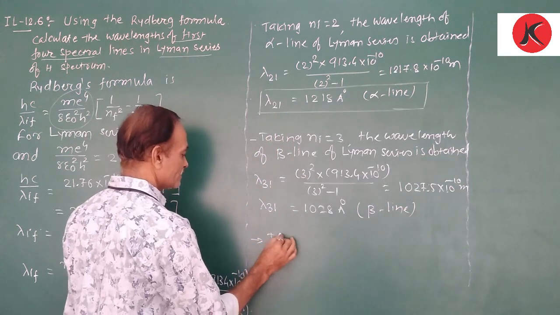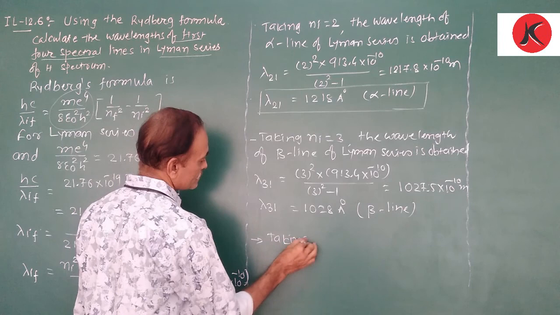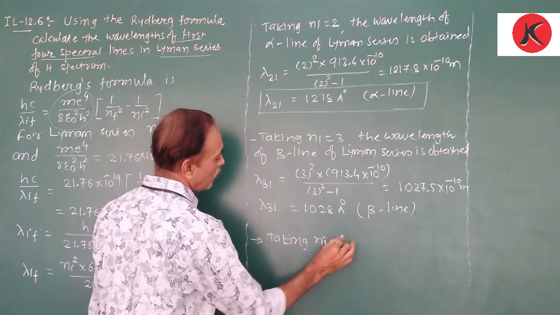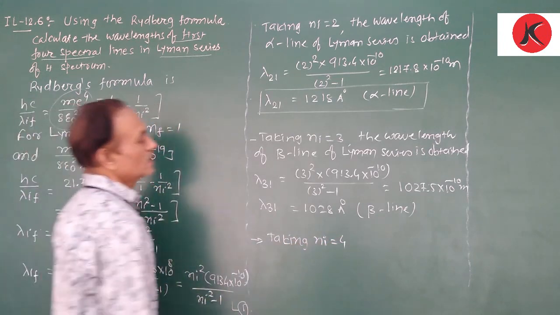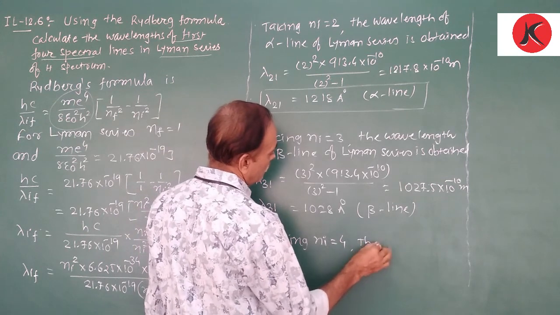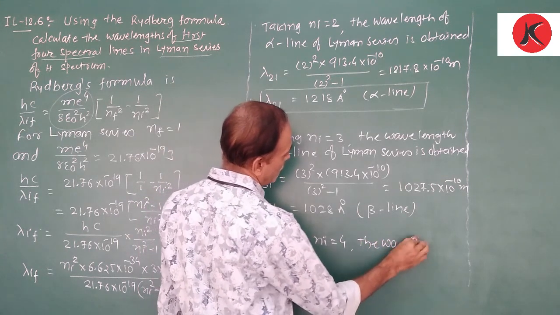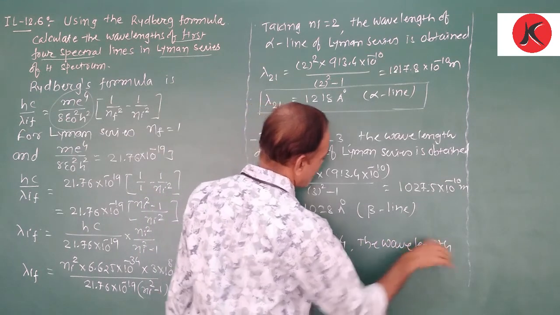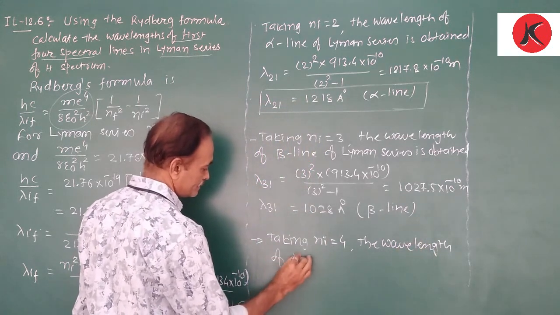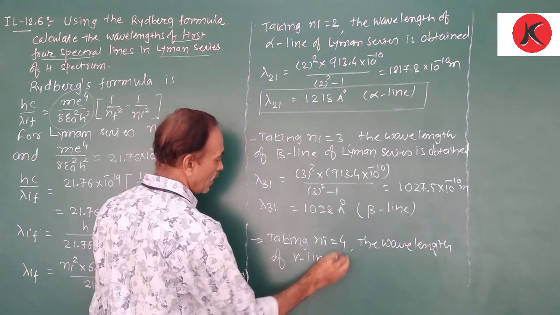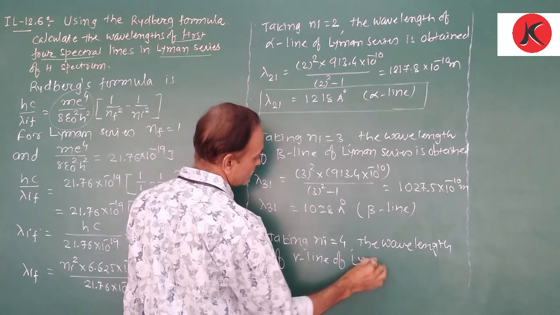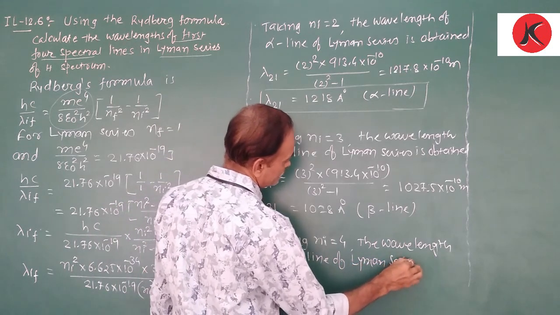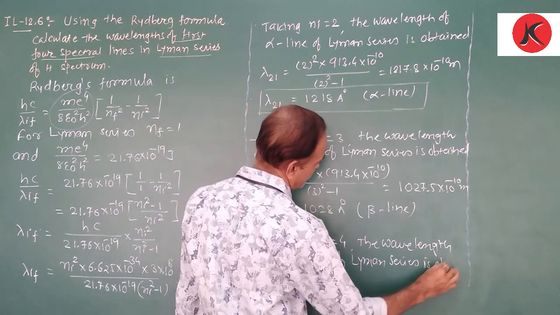Now taking Ni is equal to 4 in our equation, the wavelength of the gamma line of the Lyman series is obtained.